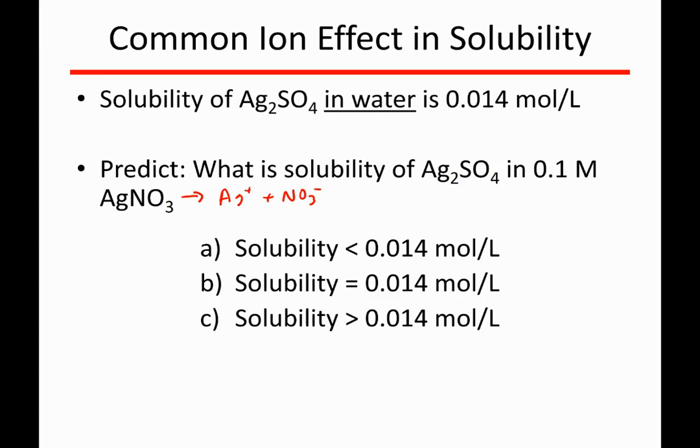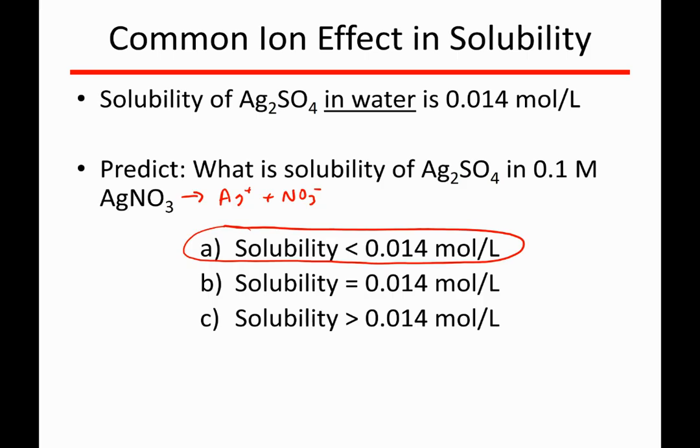Because the solution already has some Ag plus ion present, you will not be able to dissolve quite as much of the Ag2SO4 as you would have had you been dealing with pure water. Therefore, you would expect there to be a lower solubility in the 0.1 molar AgNO3 solution. The presence of that common ion, the presence of that Ag plus ion, prohibits you from being able to dissolve quite as much of the Ag2SO4.